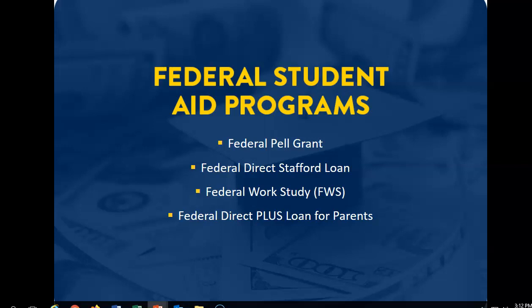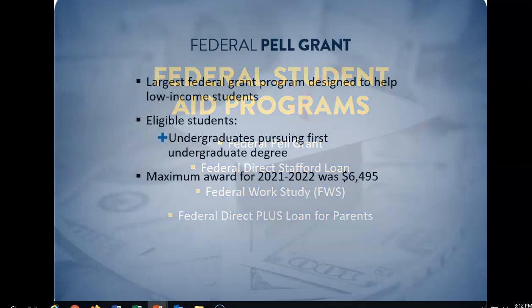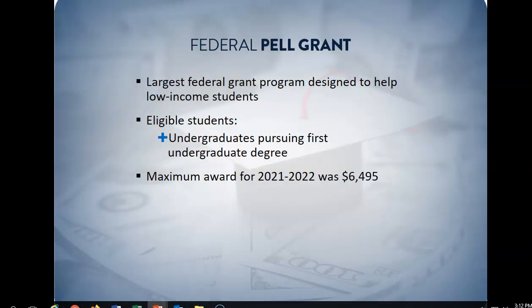So some of the federal student aid programs that you may be offered by completing the FAFSA are these. I mentioned the federal Pell Grant, which is the largest federal grant program designed to help low-income families. Eligible students are undergraduates who are going for their first undergraduate or bachelor's degree.